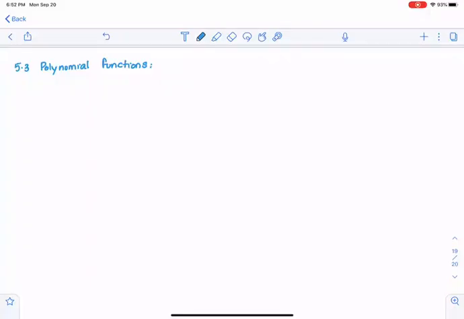Before we get into the discussion of polynomial functions, we can start, at the basic level, which is a monomial. Then we have binomial. Then we have a trinomial. And finally, we have a polynomial.